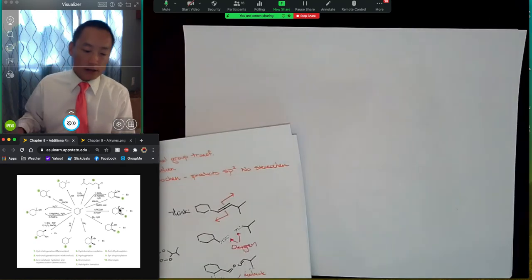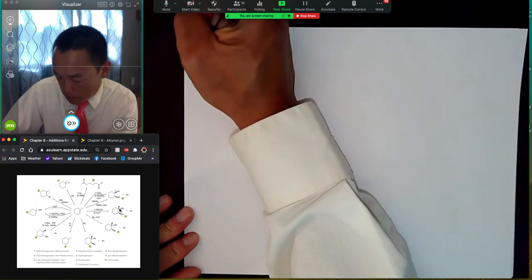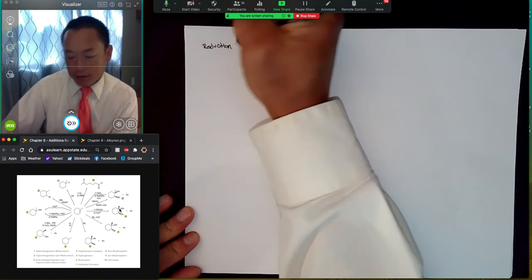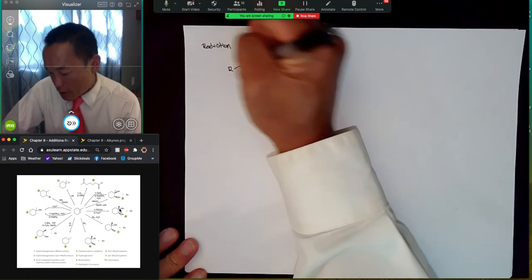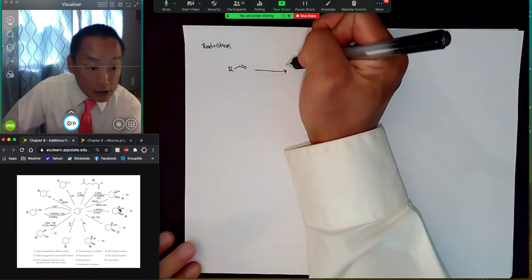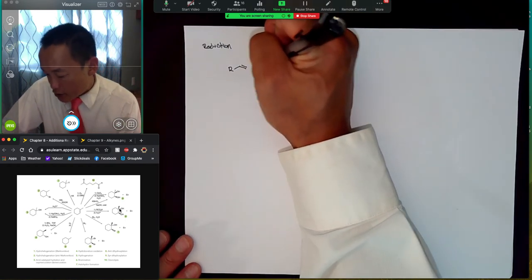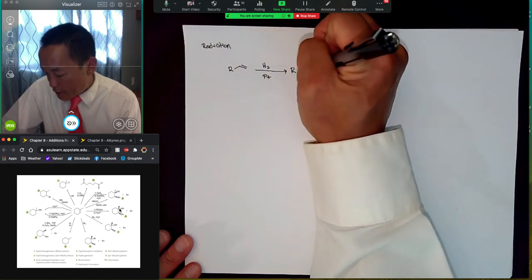Then finally, last but not least, is the reduction reaction, and that is taking a carbon residue and reacting that, I believe our notes say, in the presence of H2 and platinum.